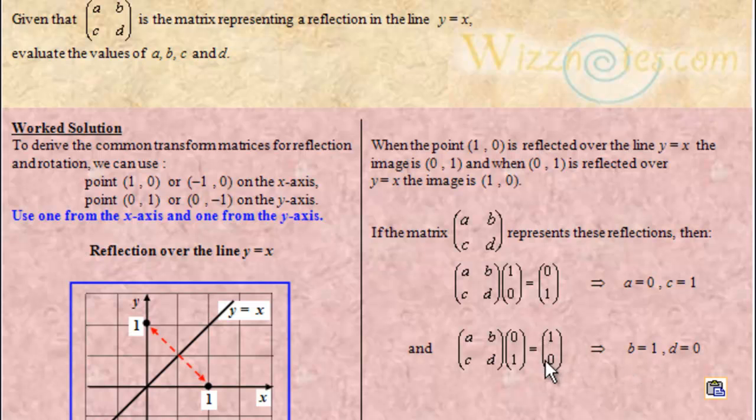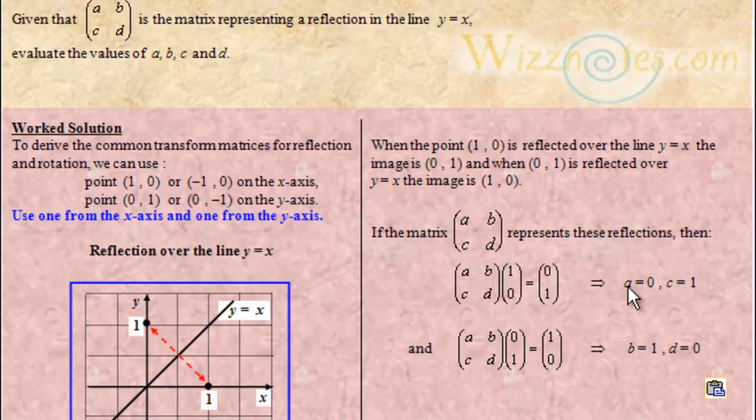And then to get this 0, we multiply this row by this column. So c times 0 is 0, and d times 1 is d. So d would be equal to 0. There it is, d equals 0.